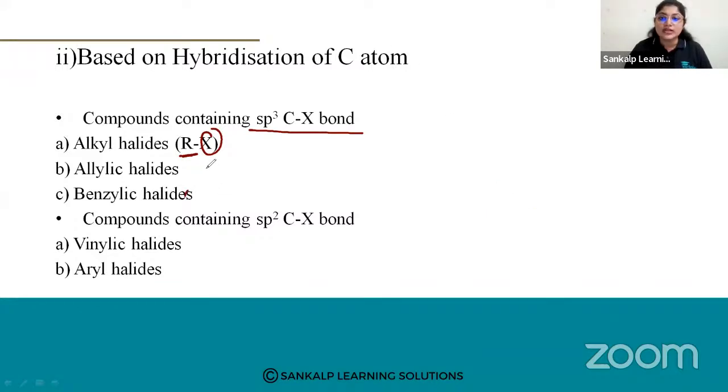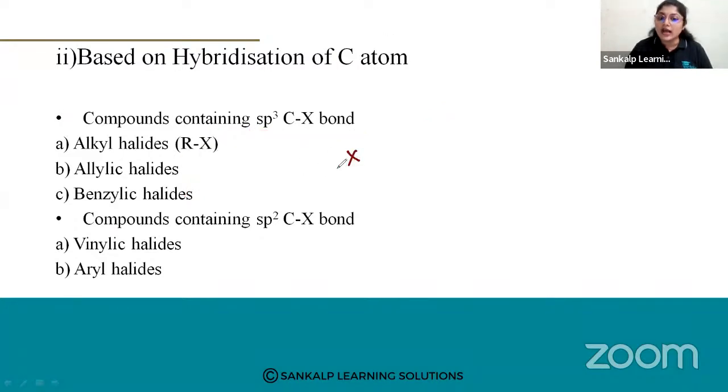Whenever the halogen atom is bonded to an alkyl group, that is R, the general formula, as I discussed, is CnH2n+1 X. Depending upon the classification, it is further classified as primary alkyl halide, secondary alkyl halide, and tertiary alkyl halide. Now, what do you mean by primary, secondary, and tertiary?